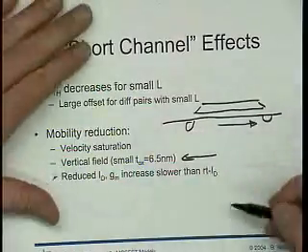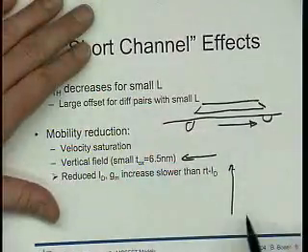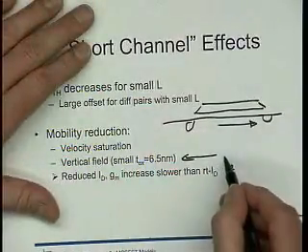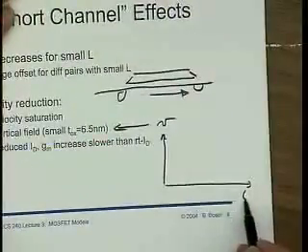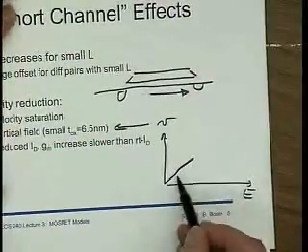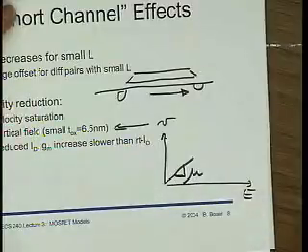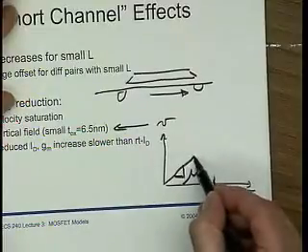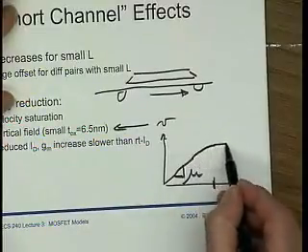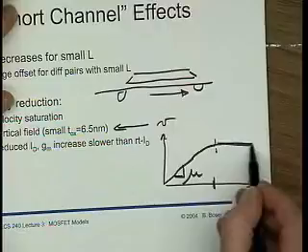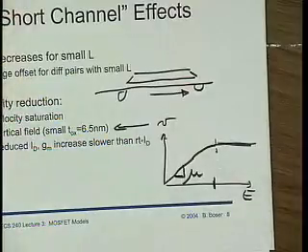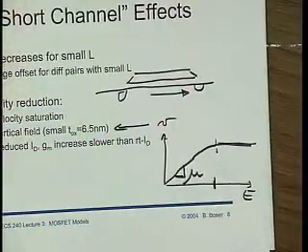And then what we really have is the carrier velocity as a function of electrical field looks something like this, where this slope here is precisely the mobility, but as we increase the field, we reach a value that is usually referred to as the critical field, and then the velocity of the carriers doesn't increase any further.